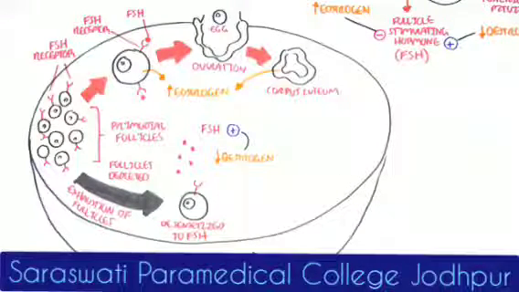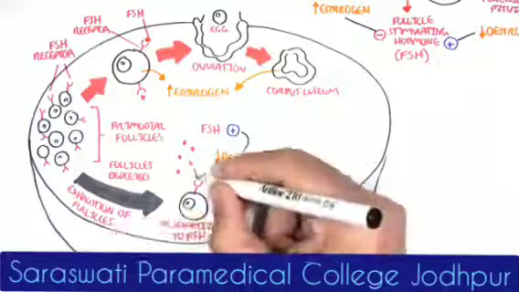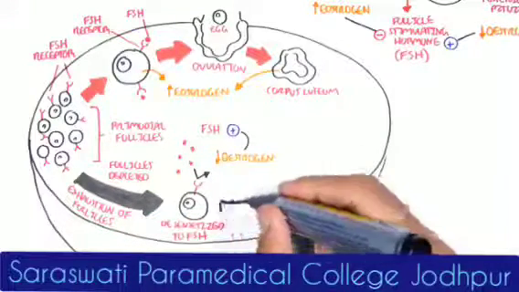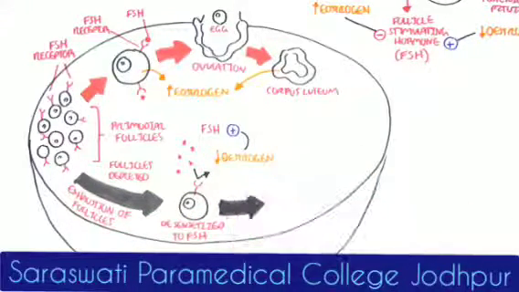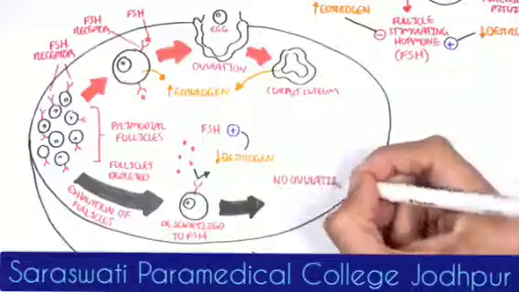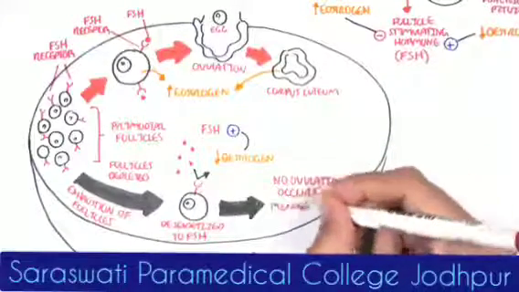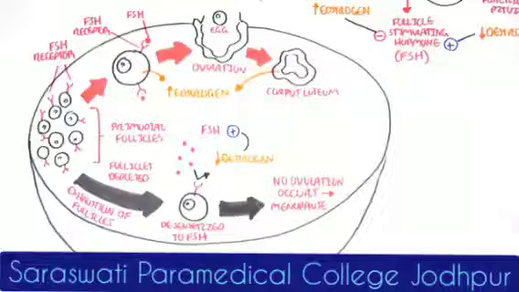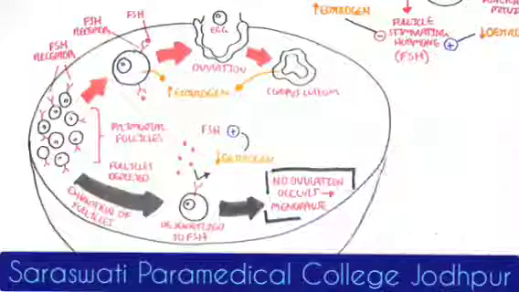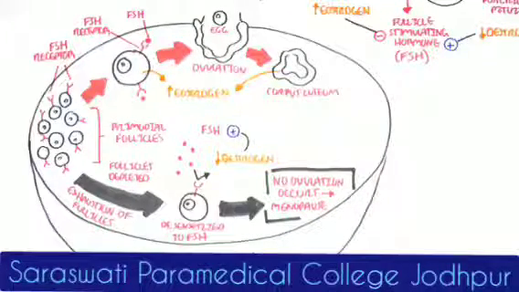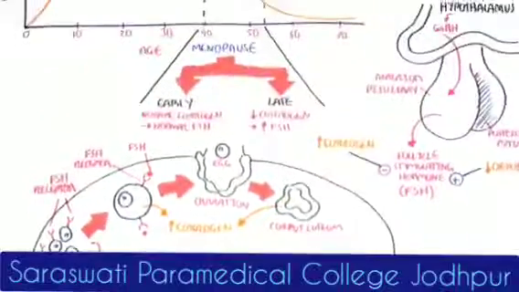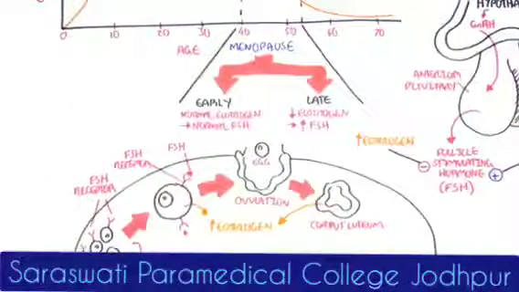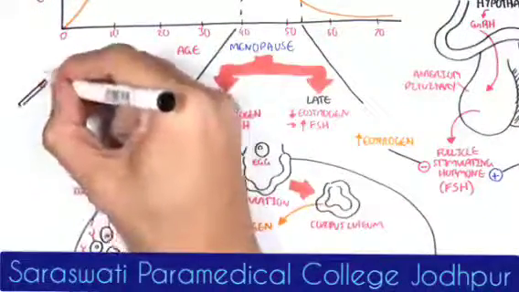And so as a result, because there's so much FSH, it just will not work on the follicle. And so you actually have no ovulation occurring. And so this is where menopause occurs, basically. Slowly the follicles just stop maturing and the estrogen concentration just drops. Okay, so I hope that made sense.